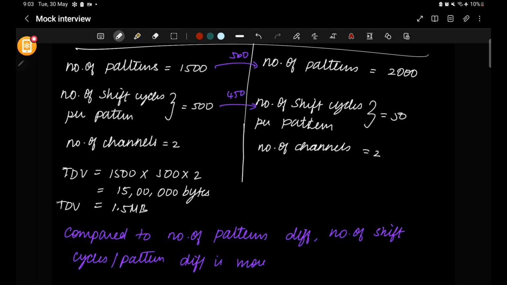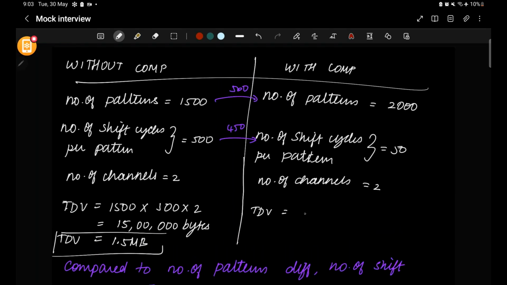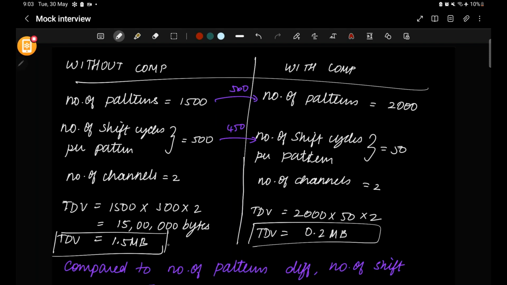This is the test data volume without compression. Now with compression, it will be 2000 into 50 into 2, which gives only around 0.2 MB. So with compression, test data volume will be less than without compression.